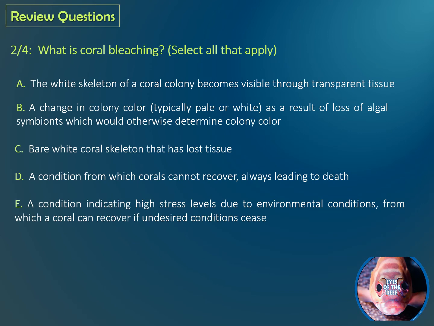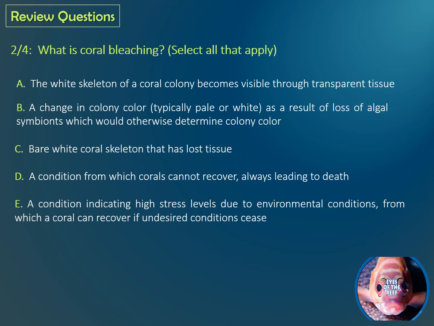Okay, question 2. What is coral bleaching? And you can select all that apply here. A, the white skeleton of a coral colony becomes visible through transparent tissue. B, a change in colony color, typically paler white, as a result of loss of algal symbionts, which would otherwise determine colony color. C, bare white coral skeleton that has lost its tissue.